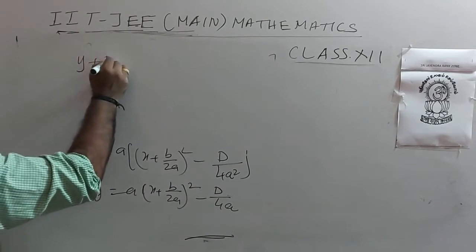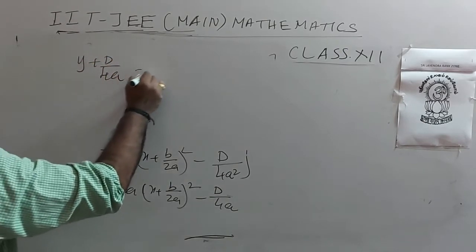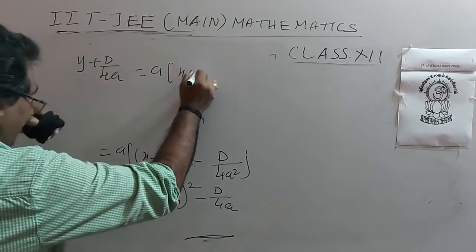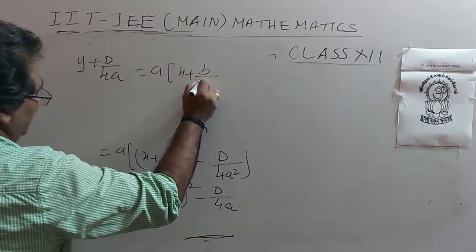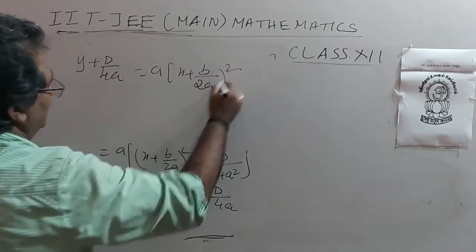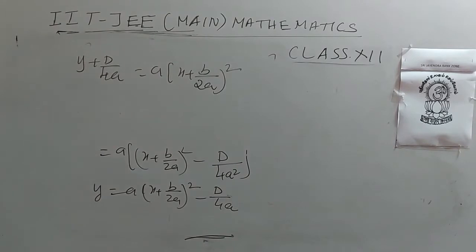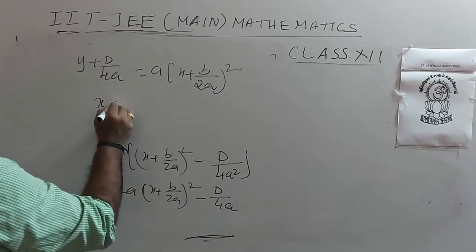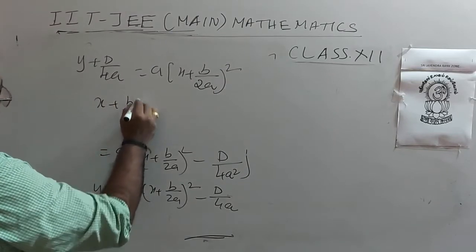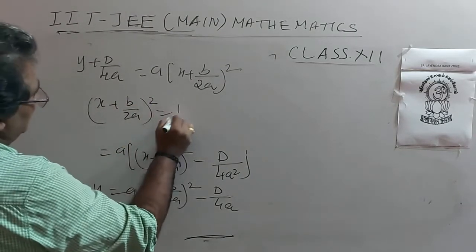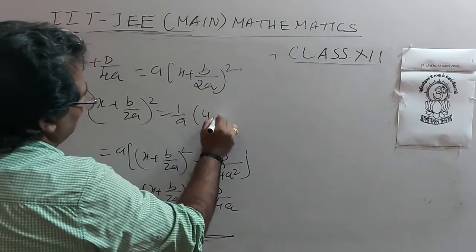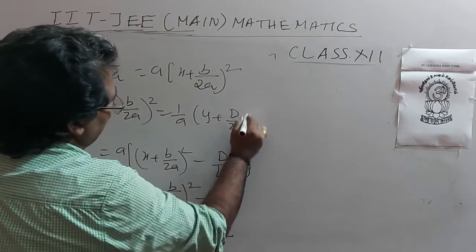y plus d by 4a equal to a into x plus b by 2a the whole square. x plus b by 2a the whole square equal to 1 by a into y plus d by 4a.